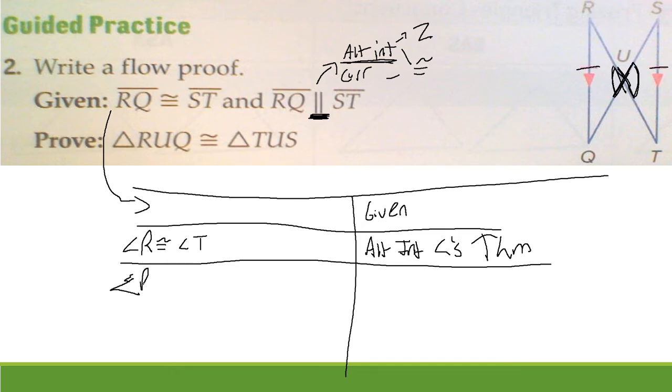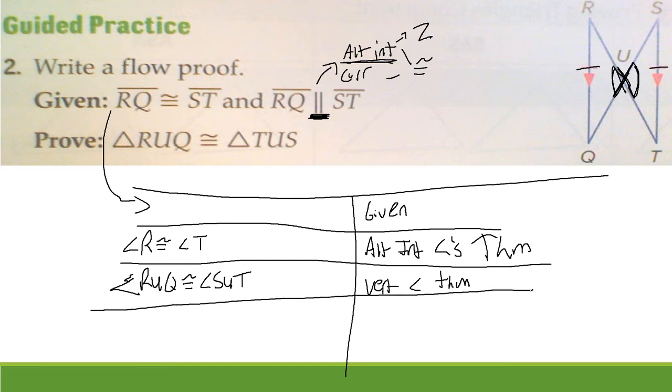So angle RUQ is going to be congruent to angle SUT by vertical angle theorem. Okay? So be on the lookout for vertical angles as well, because those should be kind of free. They're almost like reflexive. They're free information, free congruencies that you can use to help you set up an SSS, an SAS, or something like that.